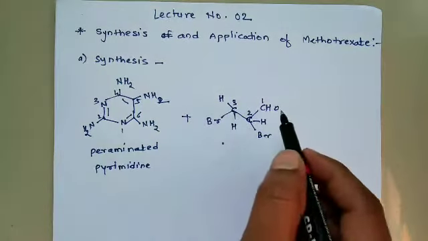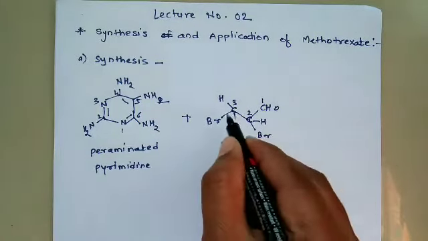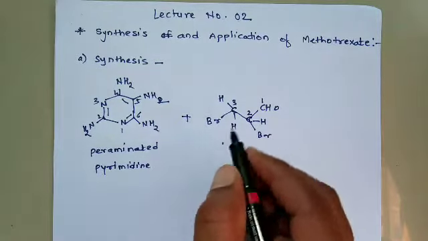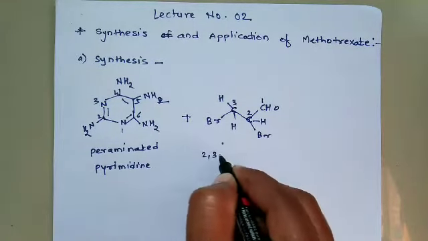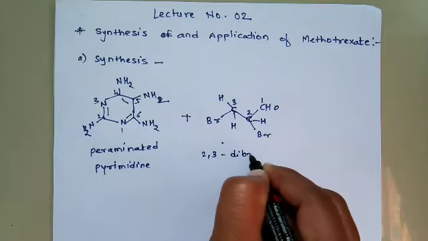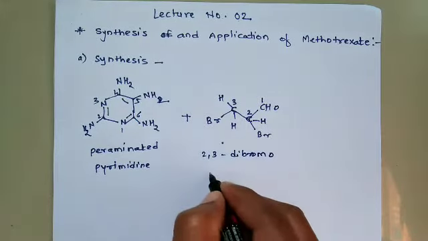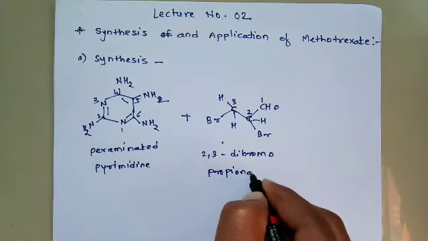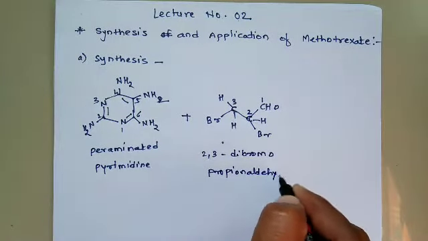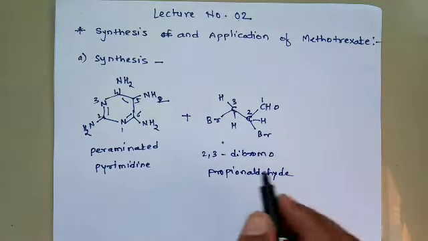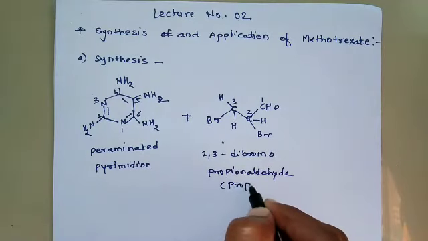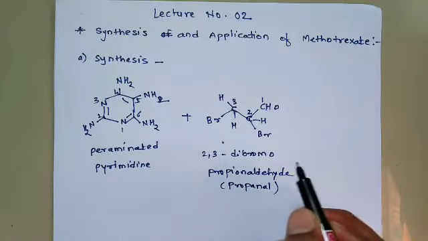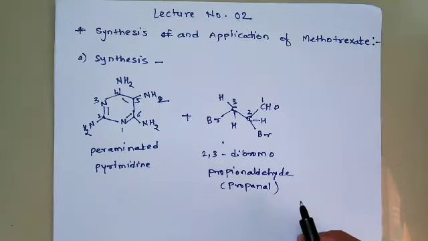Basically it is an aldehyde molecule, and the 2 and 3 positions have 2 substituents, that is bromo. So how to write the name? 2,3-dibromopropenoaldehyde, or you can say it is a propanol molecule, 2,3-dibromopropanol.